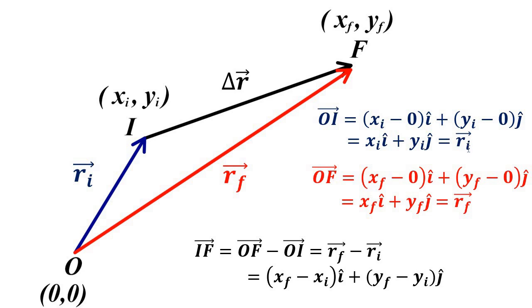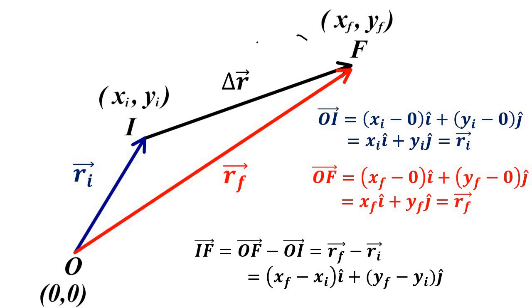That is the initial position vector. The final position vector, specified by the position coordinates xf, yf, is simply xf i cap plus yf j cap. That is the final point position vector. So the displacement vector IF is the final point minus the initial point, so the position vector of the final point minus the position vector of the initial point.